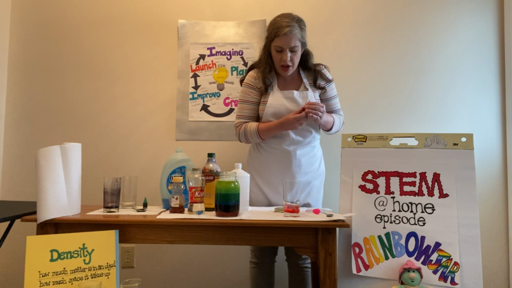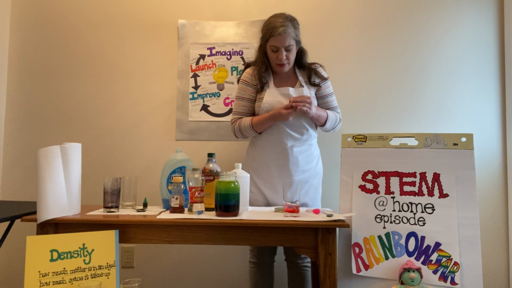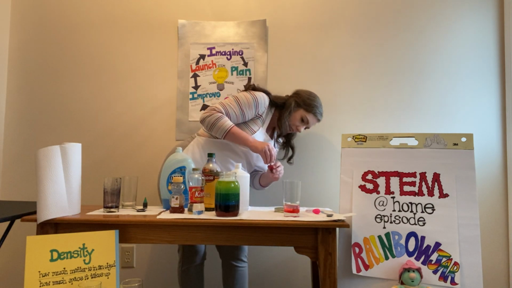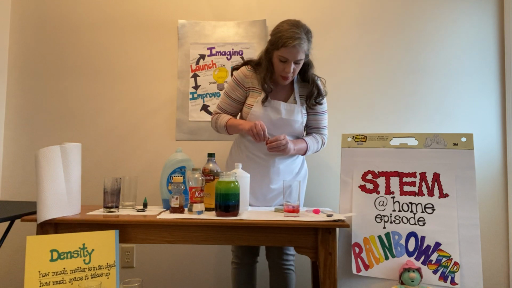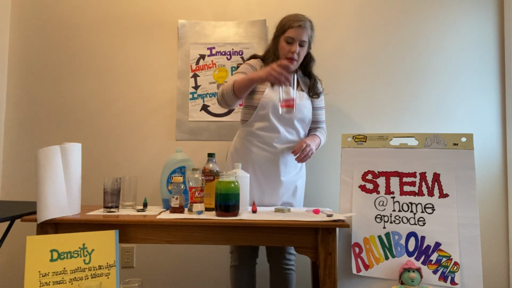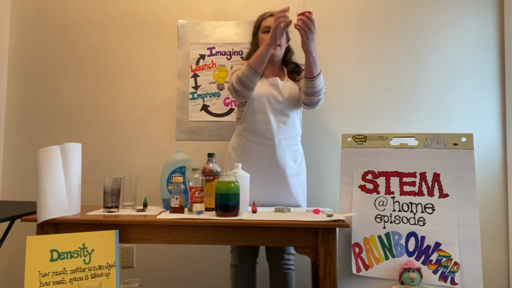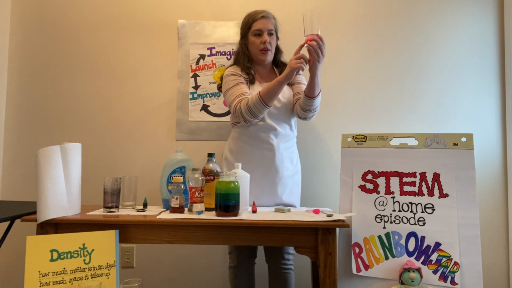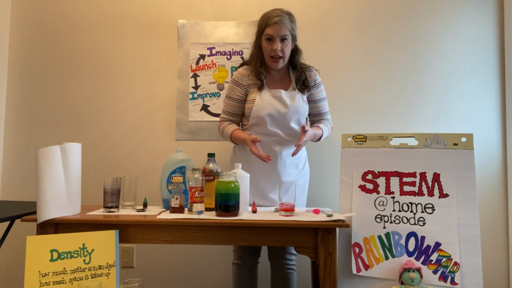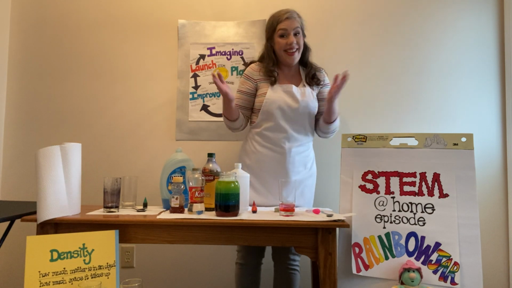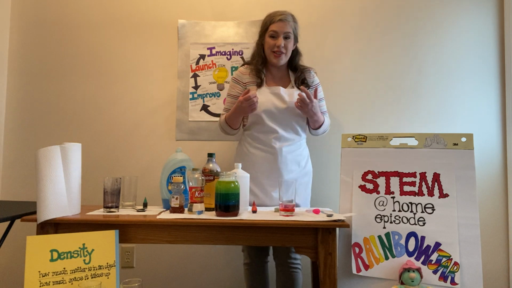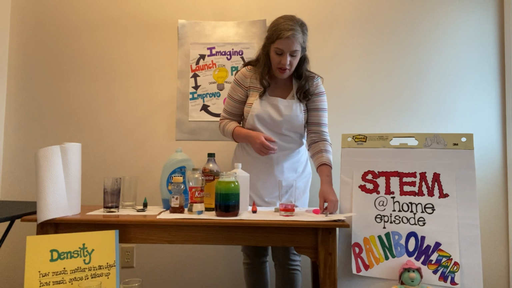You will notice after a minute, it does take a minute, that the red pulls up on the bottom of the glass and the rubbing alcohol kind of sits on top of the food coloring. That is because the food coloring has a heavier density, or a higher density, than the alcohol.